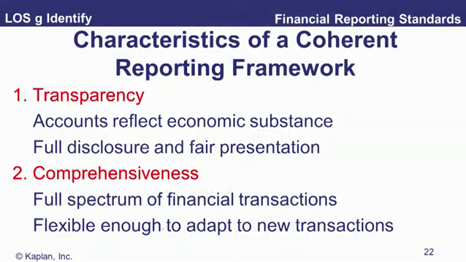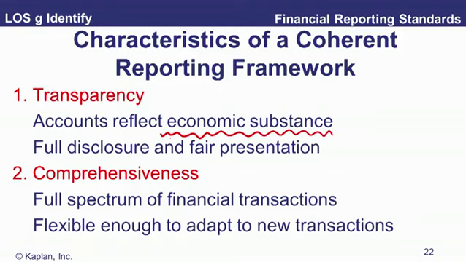Right, our next LOS is identify characteristics and barriers to a coherent reporting framework. Transparency, we've mentioned this so many times now, it's getting dull. The accounts reflect the economic substance. So in other words, when we look at a set of accounts, we're seeing the true substance of all of the company's transactions.